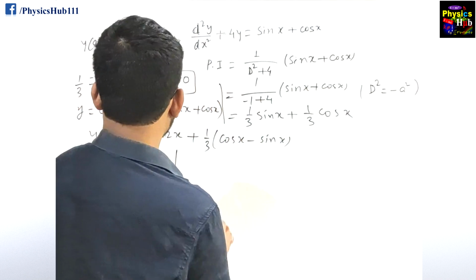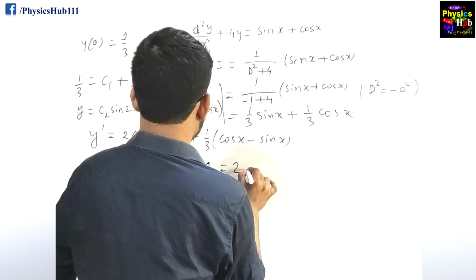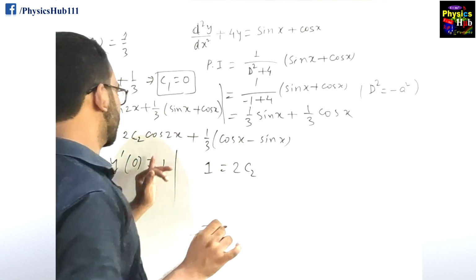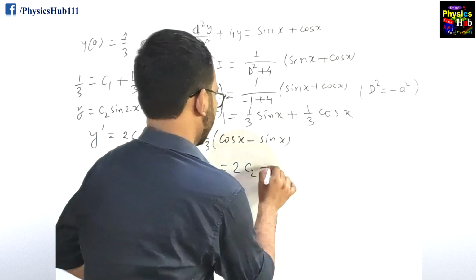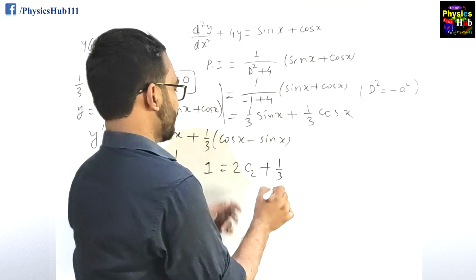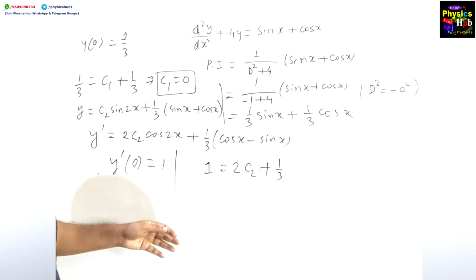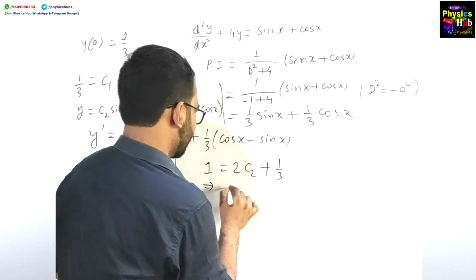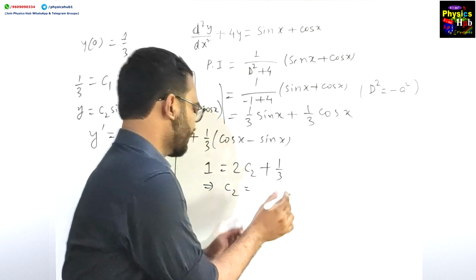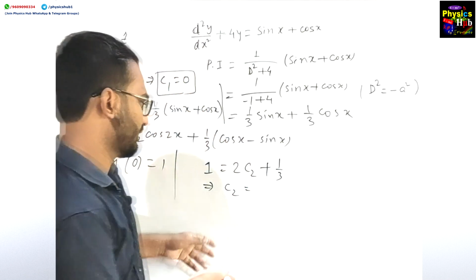So y prime at x equals 0 is 1, which equals 2 C2 cos 0, cos 0 is 1, so 2 C2, plus 1/3 cos 0 is 1, so 1/3, and sin 0 is giving you nothing. So from here we can see 2 C2 has the value 1 minus 1/3 means 2/3, so C2 is basically 1/3.